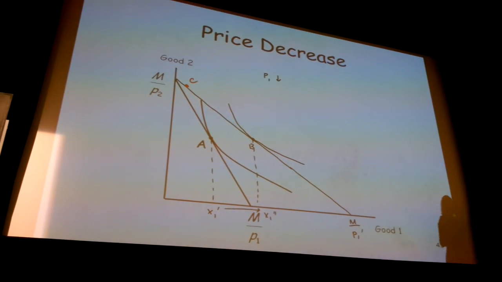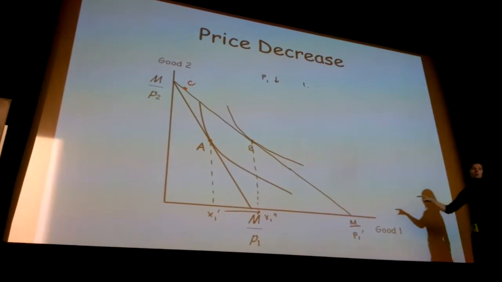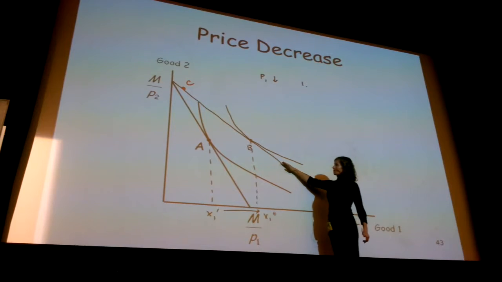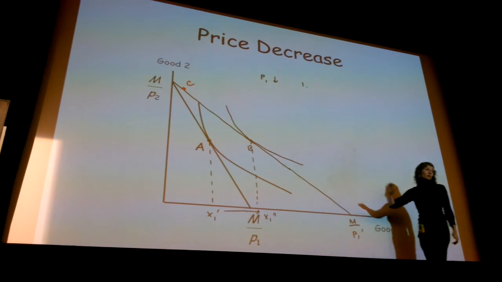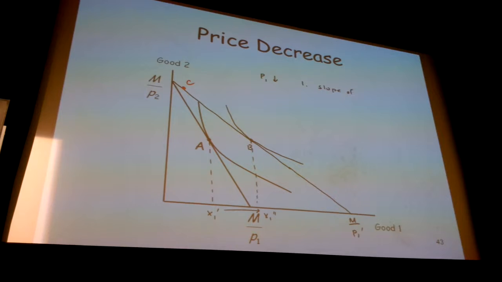So there are really two things that are changing when this price decreases. Okay, so this price decreases, I like to think of there being two things changing. The first thing that's changing is the slope of the budget constraint. Okay, so when we went from this initial budget constraint to this second budget constraint, the slope of the budget constraint changed. So one of the things that changed as a result of this price change was that there was a change in the slope of the budget constraint.